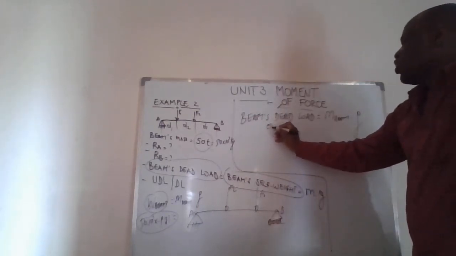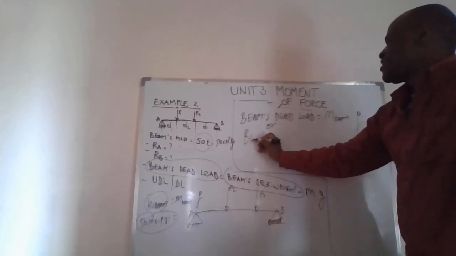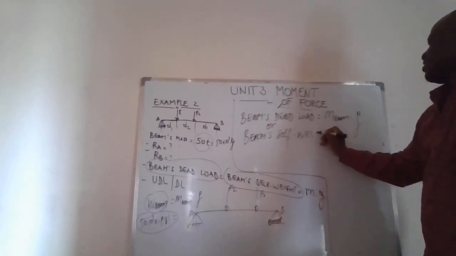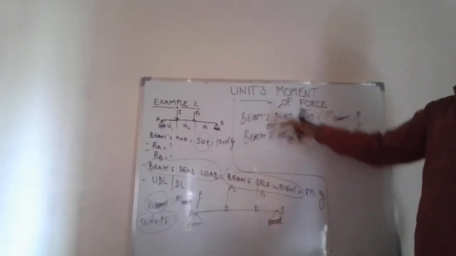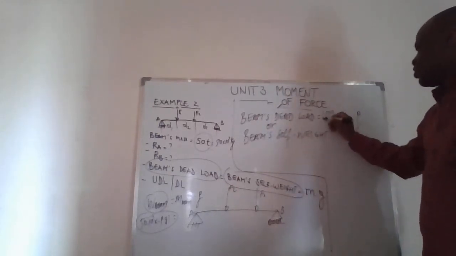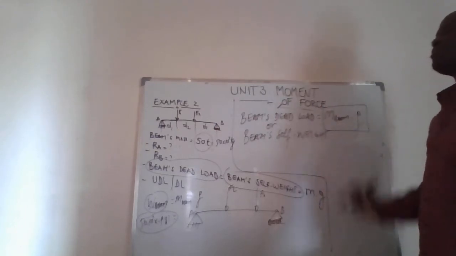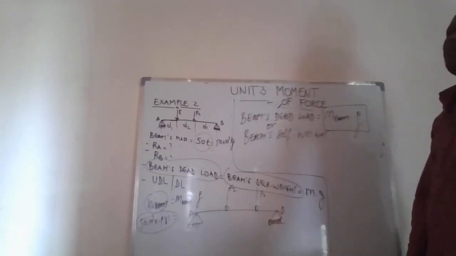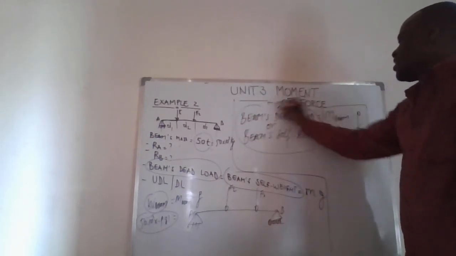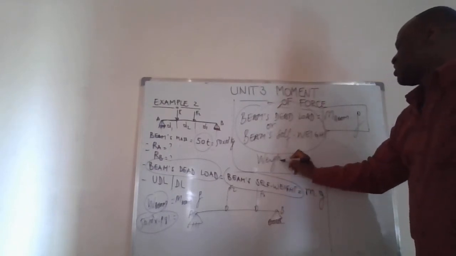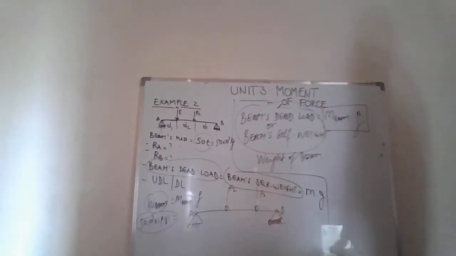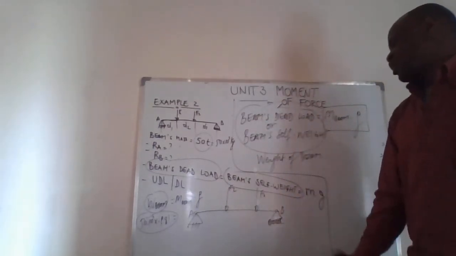It can also be called the beam's self-weight. If you come across either the beam's dead load or the beam's self-weight, remember that you have to take the mass of the beam times g to get the weight of the beam. Beam's dead load or beam's self-weight comes back to what we call the weight of the beam. Very, very important.